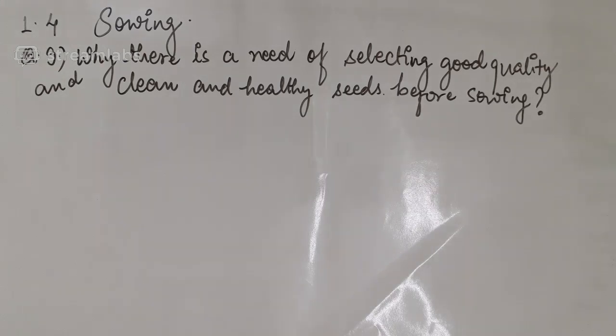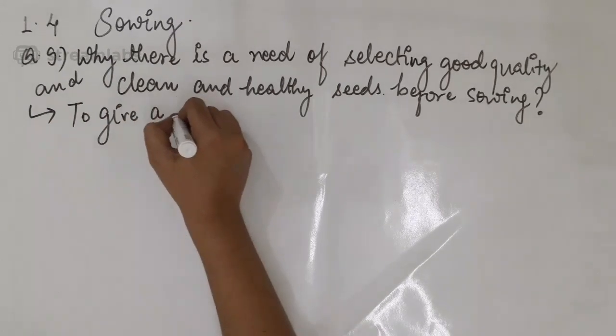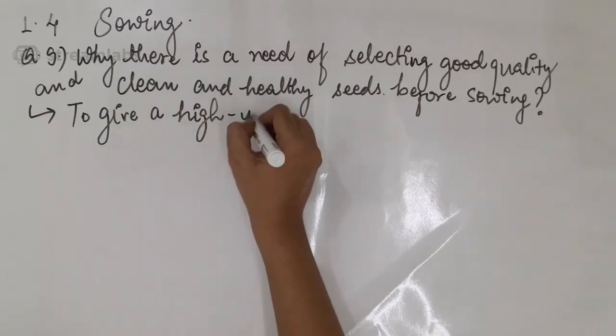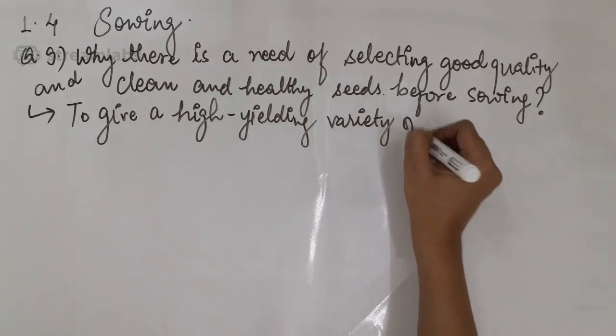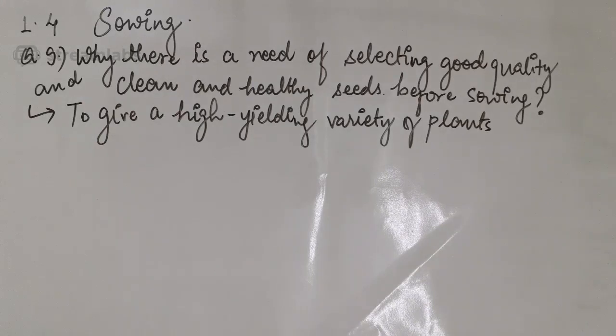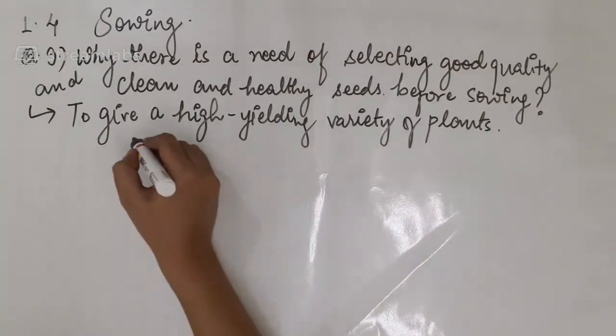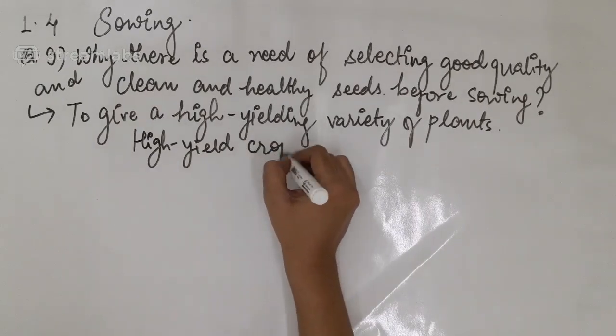The answer will be, before sowing, good quality, clean and healthy seeds of a good variety are selected by the farmer to give high yielding variety of plant, or in other words you can say high yield crop variety.